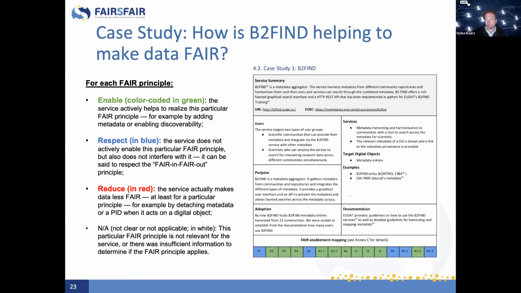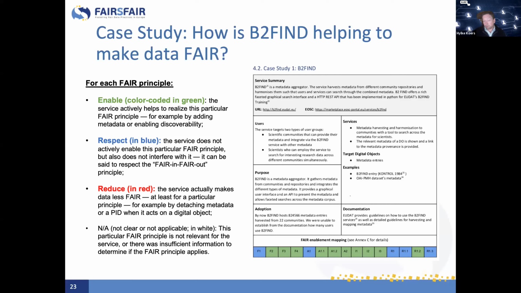Is it actively making this FAIR principle happen, or helping the data it acts on to meet this FAIR principle? Is it respecting the FAIR principle, in the sense that if the data set, the FAIR digital object, already meets that principle and the service acts on it, it still has that principle? So it preserves the level of fairness, or FAIR in, FAIR out, if you like.